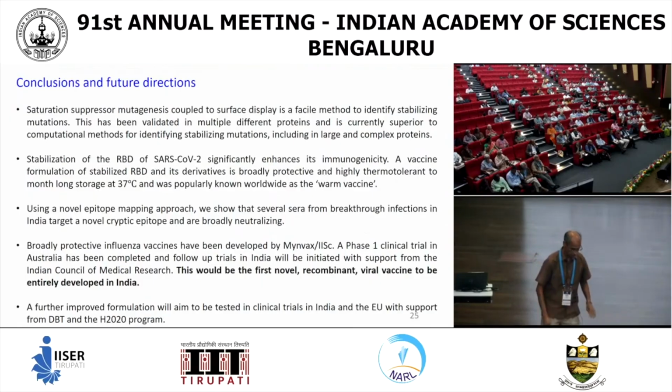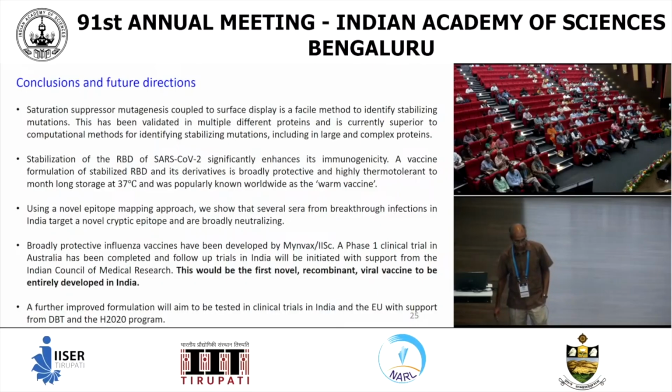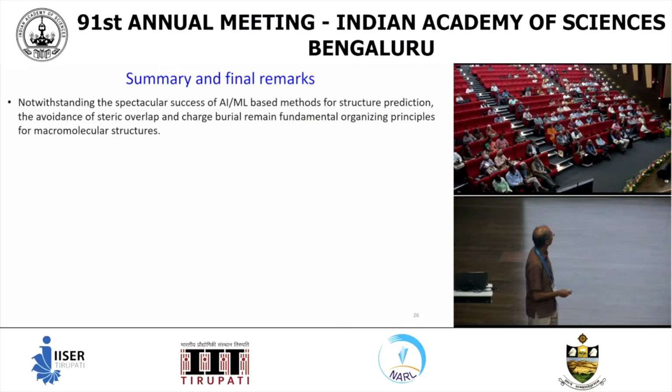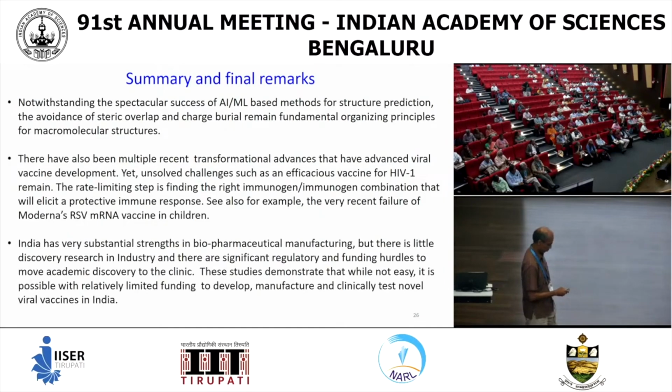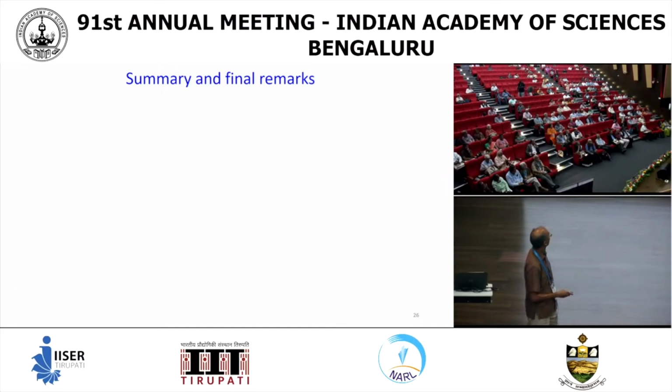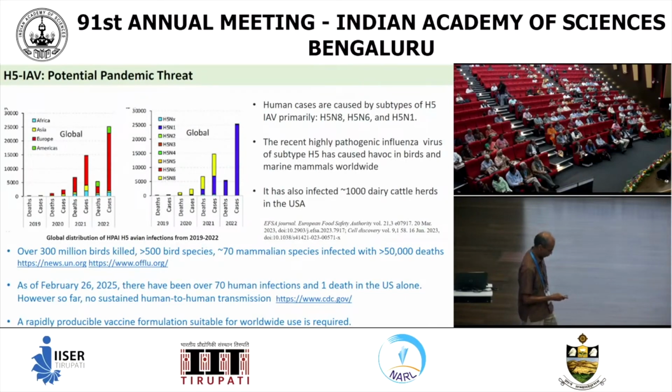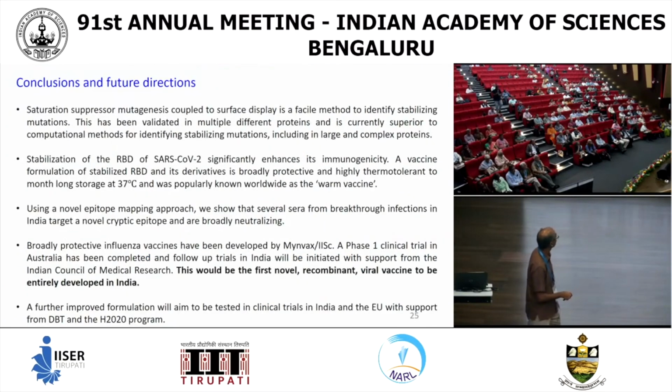Okay, so I'll end here so that we have plenty of time for questions. Just to summarize, we have developed methodology to relatively rapidly stabilize proteins through mutation, and we validated this in a number of different proteins.